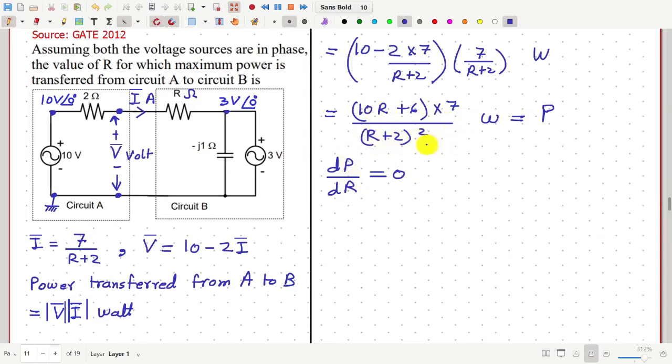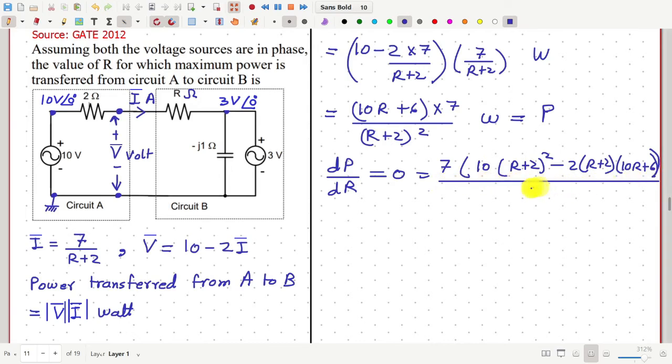So the derivative will be 7 into 10 into R plus 2 whole square minus 2 into R plus 2 into the numerator 10R plus 6, and this is whole divided by R plus 2 whole square.